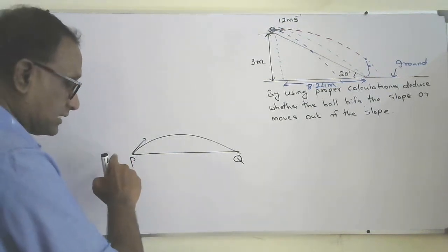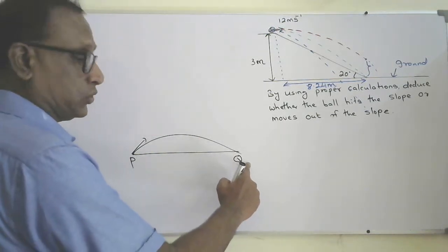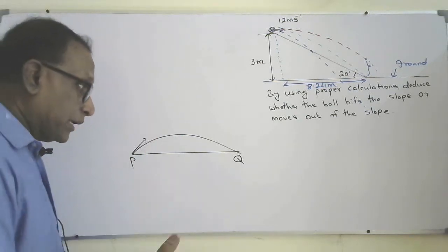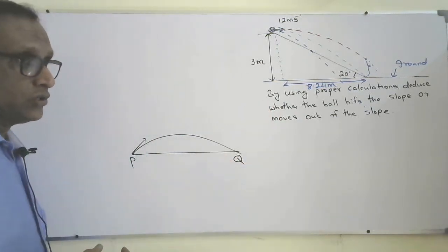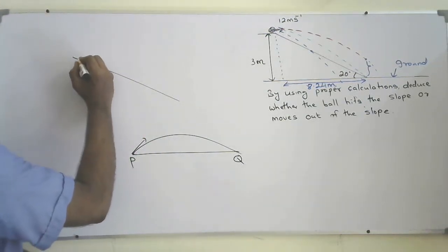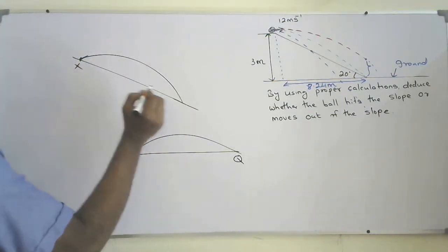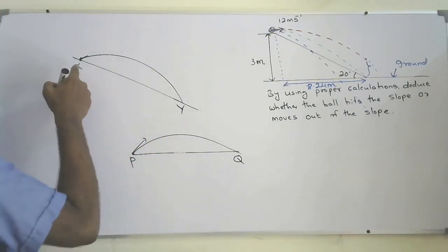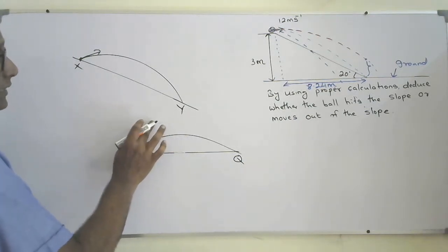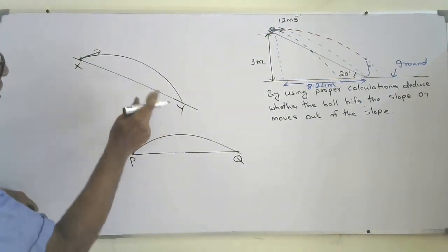P and Q are the lines connecting the initial point and the final point. So when the projectile hits the Q, the vertical displacement, the displacement perpendicular to PQ will be equal to 0. So the same way, on a slope, if something is projected at an angle like this, and if it follows a path like this on the slope, and if I name this x and y, when the projectile moves from x to y, here we don't say perpendicular displacement, we say displacement perpendicular to xy.